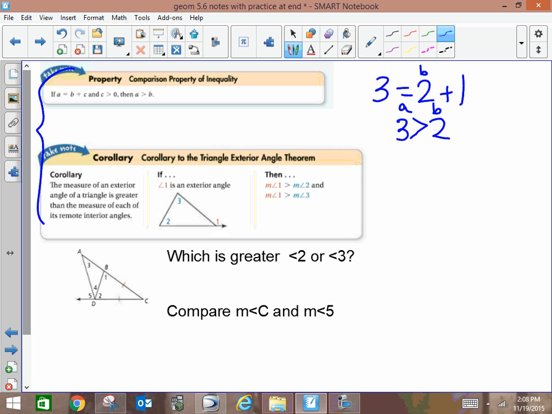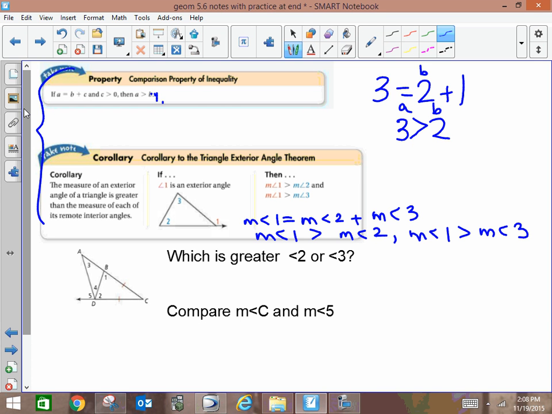They're saying, if angle 1 is equal to angle 2 plus angle 3, then 1 must be bigger than 2, and 1 must also be bigger than 3, right? Because if you have to add 2 and 3 to get to 1, 1 is going to be bigger than either of those. It's going back to this.